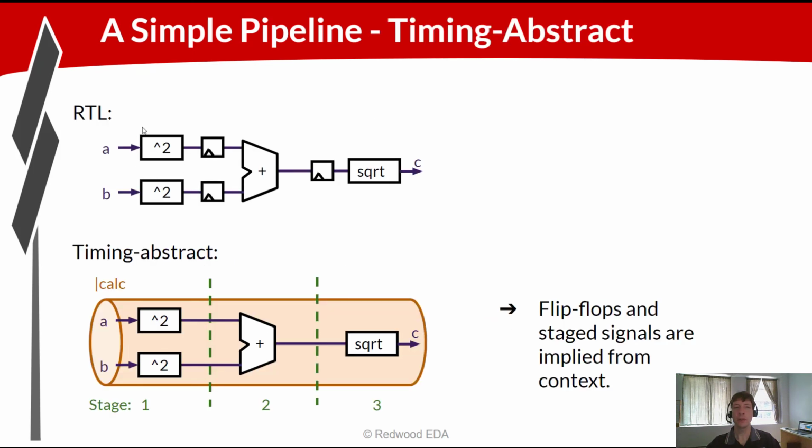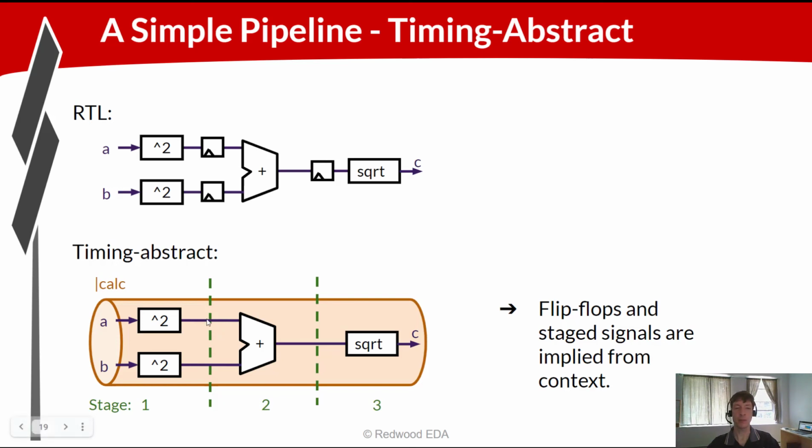The way to view this circuit in a transaction level mindset is to put this computation in a pipeline. So we've drawn our three-stage pipeline. We've drawn logic in each stage of the pipeline. You'll notice in this drawing I have taken out the flip-flops.